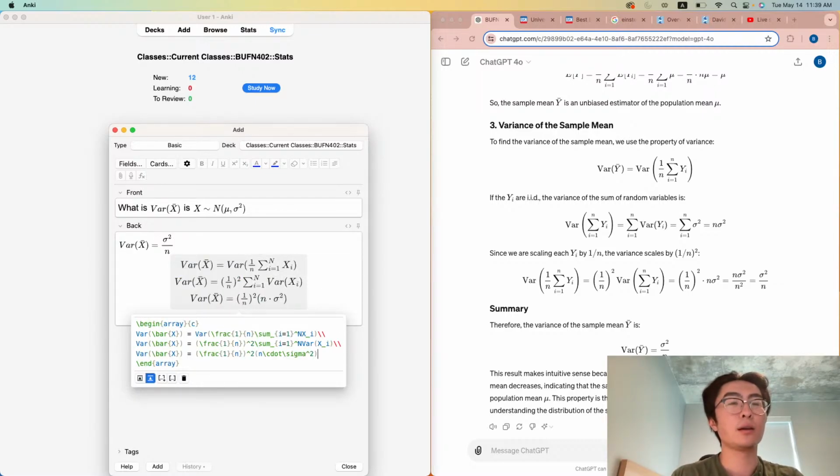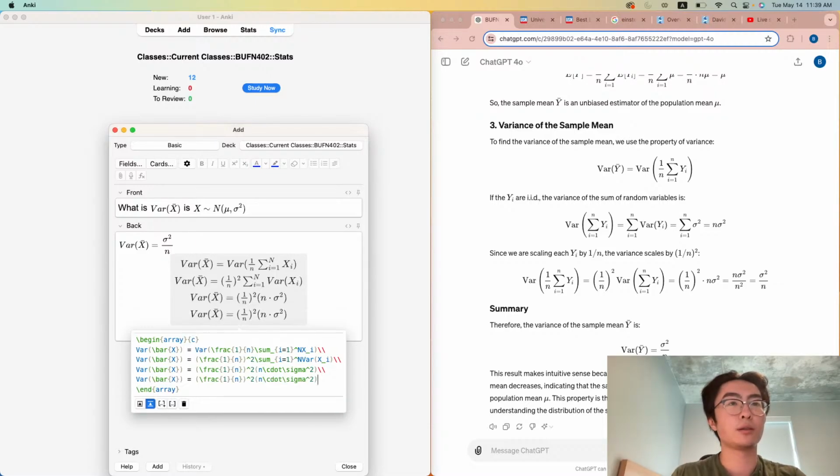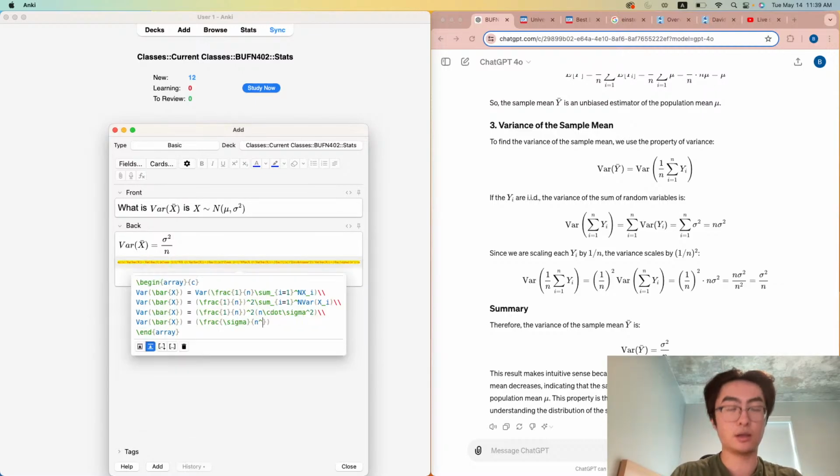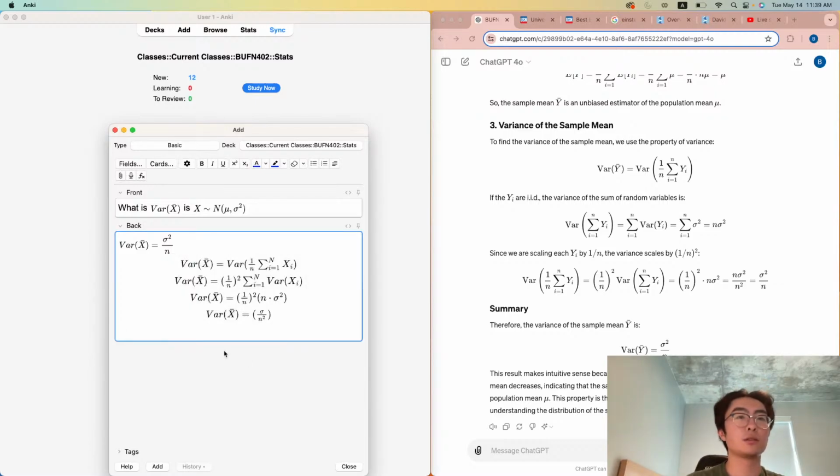Okay. Right. So that, and then this is simply equal to sigma squared over n squared. Okay.